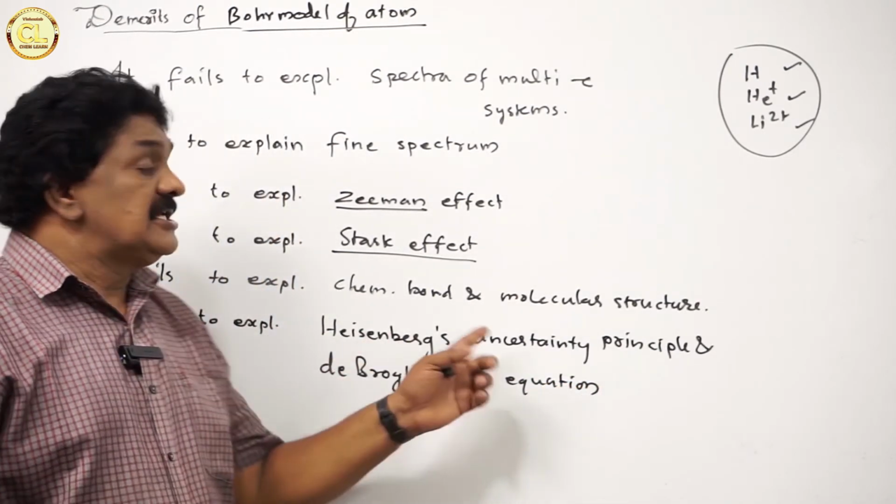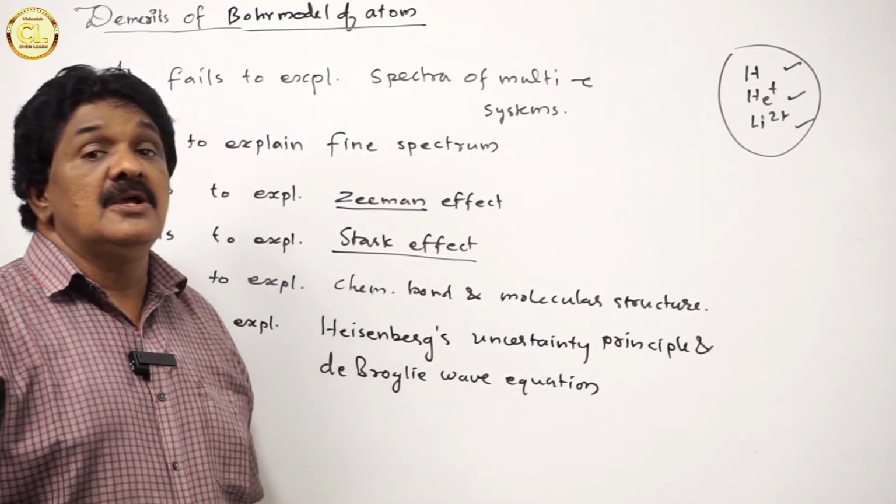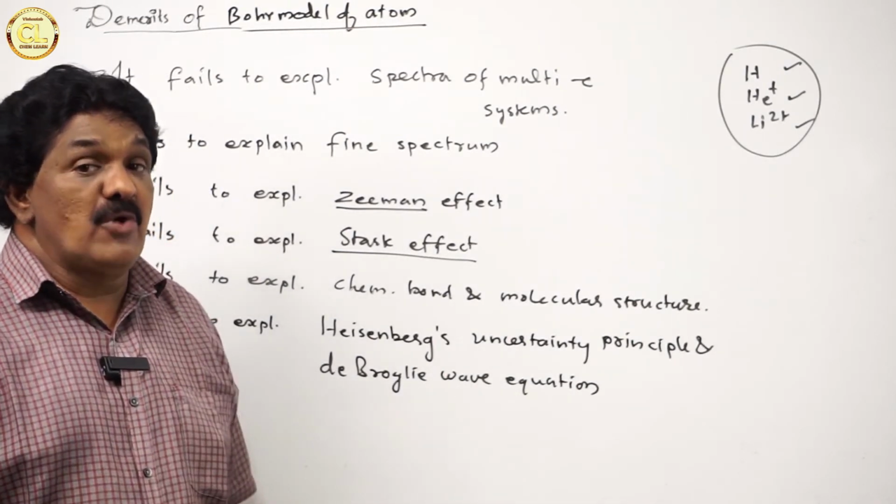We are going to see Heisenberg uncertainty principle and de Broglie wave equation before the next model of atom.